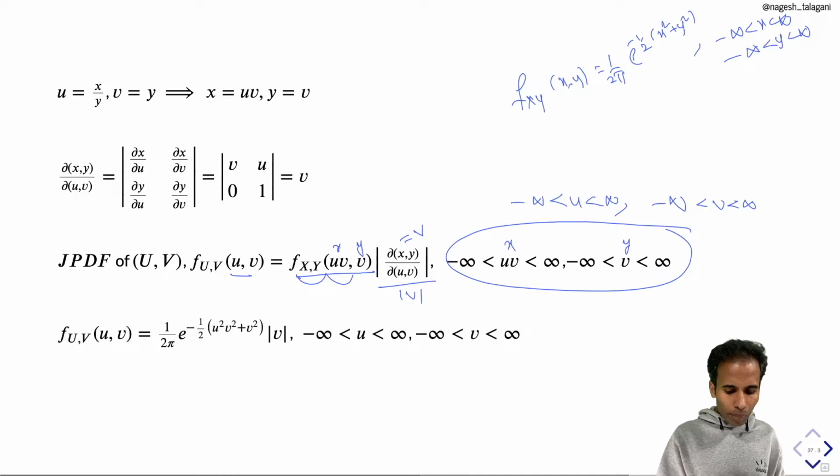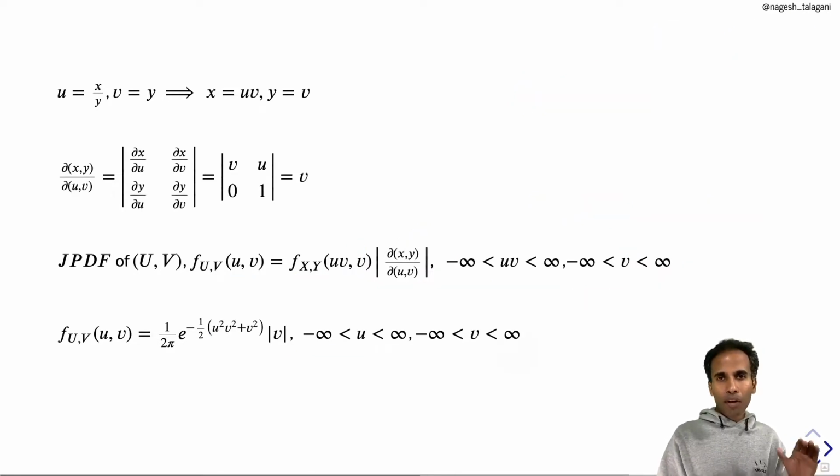Now the joint PDF of uv is going to be 1 by 2 pi e power minus 1 by 2 of u square v square plus v square, times mod v. The modulus of the Jacobian is going to be mod v. Fine, for minus infinity less than u less than infinity and minus infinity less than v less than infinity. Okay. So now we got the joint PDF of uv.